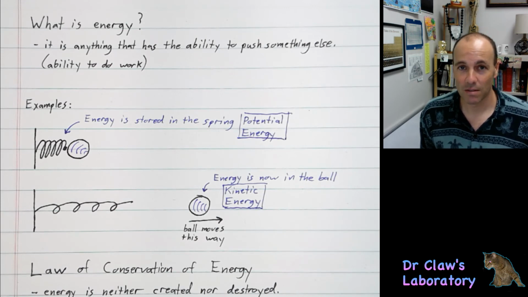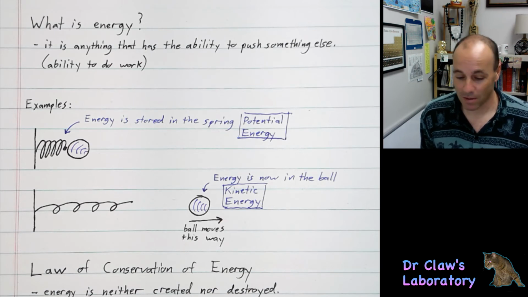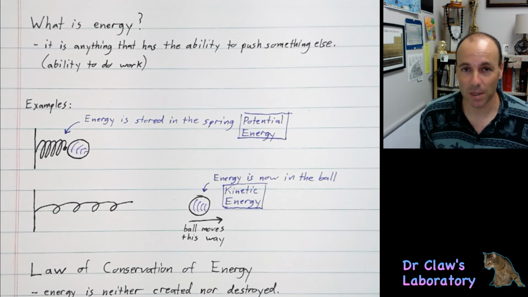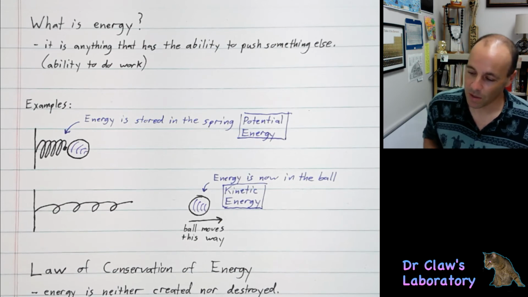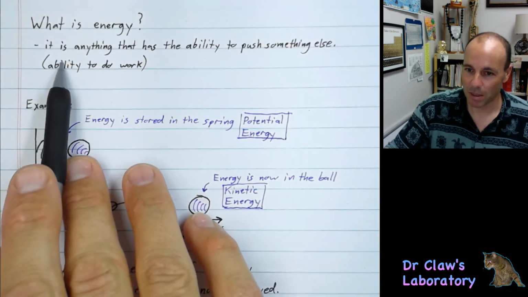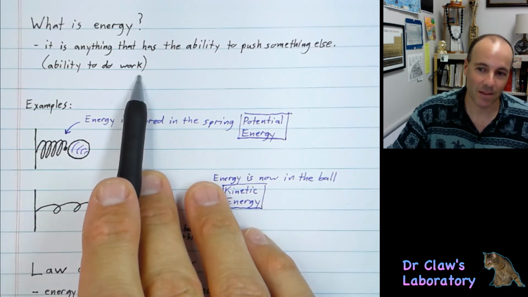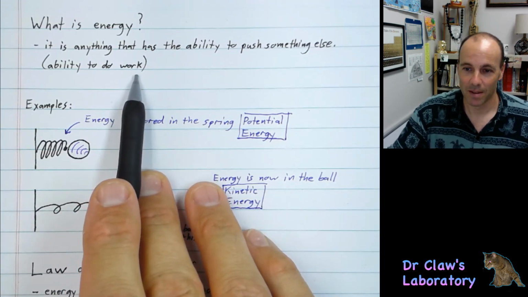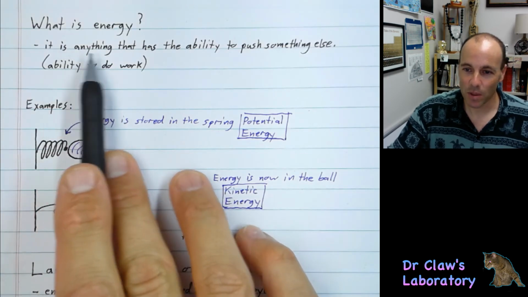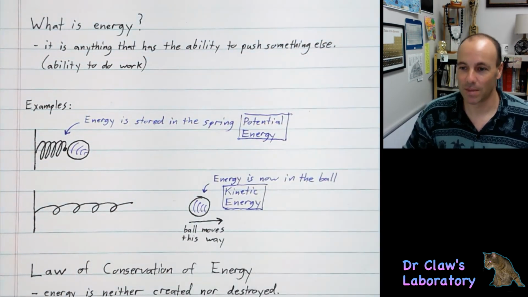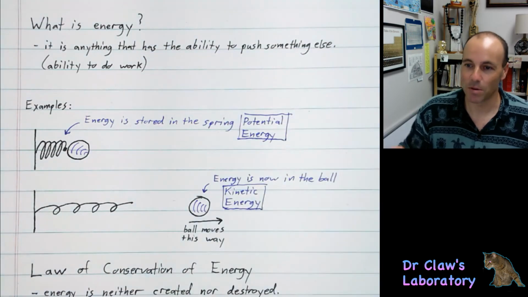That's energy. And we can measure it. How much can it move something else? It's usually defined as the ability to do work. Well, work is the act of pushing something. So energy is anything with the ability to push something else. Anything that can do work, anything that can push something.